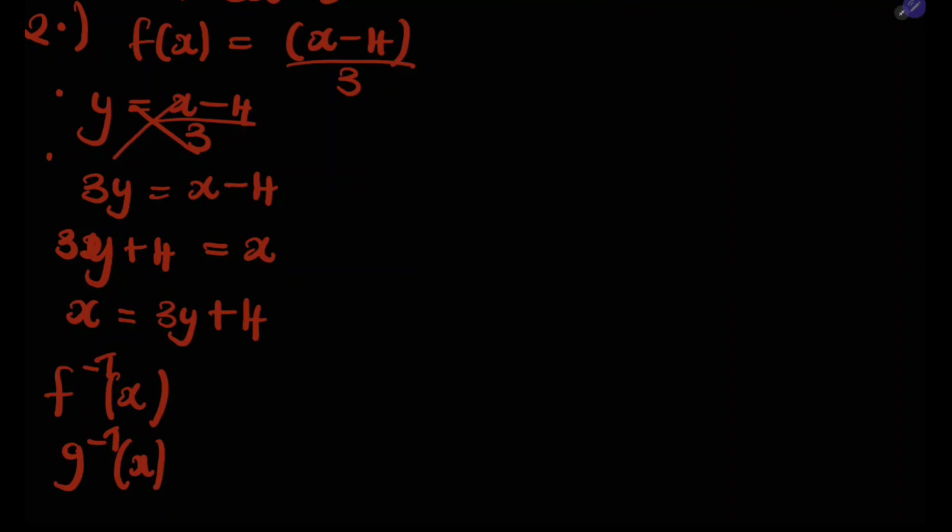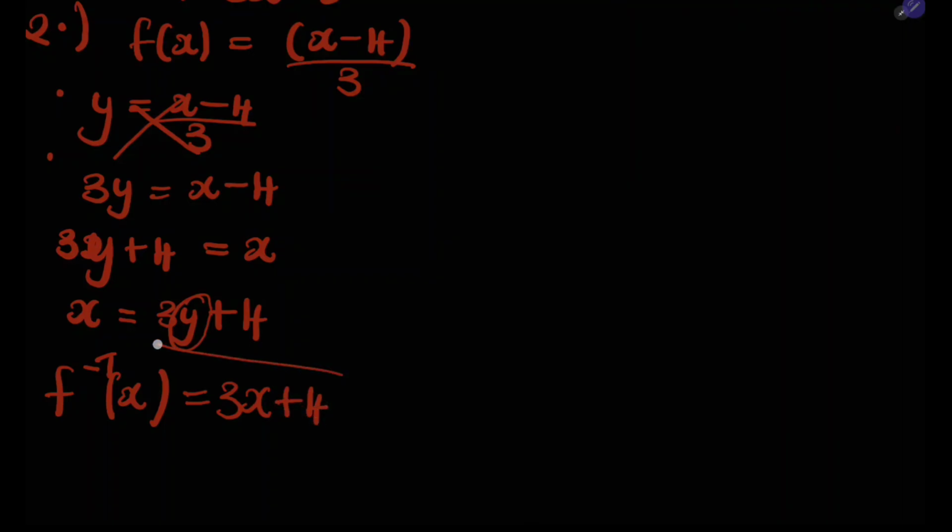So here, we have f inverse of x, and so we are just simply going to replace this y with x. So we are going to have 3x plus 4, and that is our inverse.